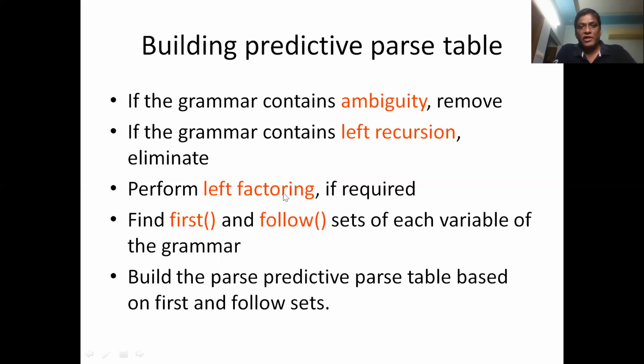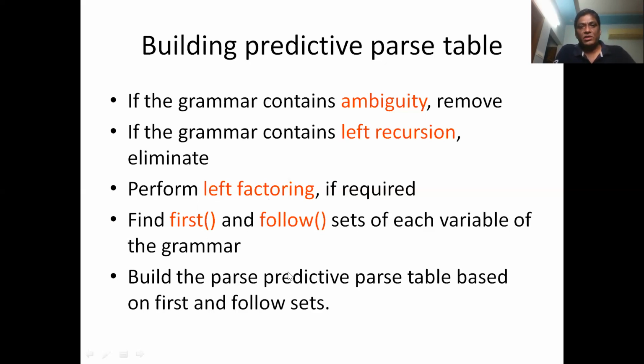And if required, perform left factoring, so the grammar should be properly left factored, removing the common prefixes. And this is the crucial step: after performing all these steps on the grammar, you are able to construct the first set and follow set of each variable in the grammar. Then, based on these two sets, we'll build the predictive parse table.